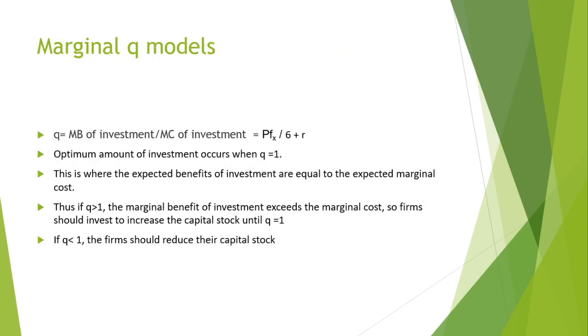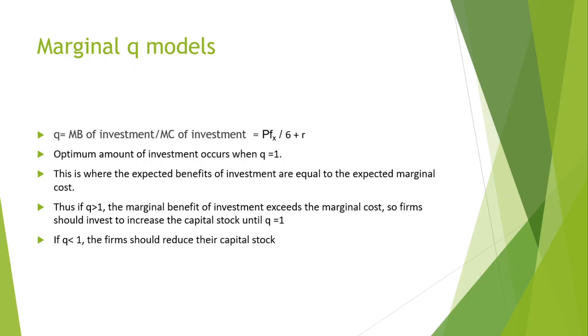So, for the Q ratio, we differentiate between the marginal Q ratio and the average Q ratio. The marginal Q ratio is denoted by small letter q, and here q is equal to the marginal benefit of investment divided by the marginal cost of investment. As I said earlier, the firm compares the benefit of investment to the cost of investment, and this is denoted as PFK divided by delta plus r.